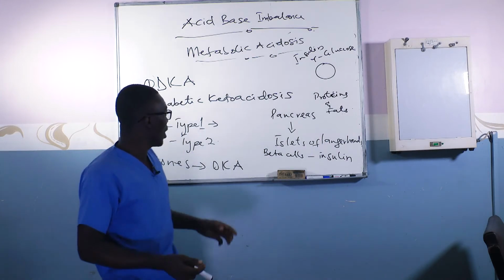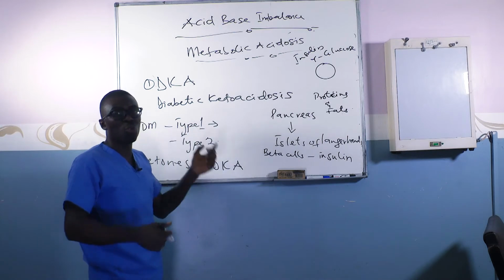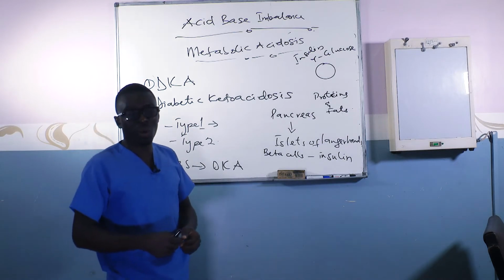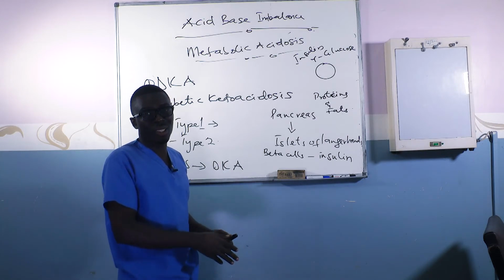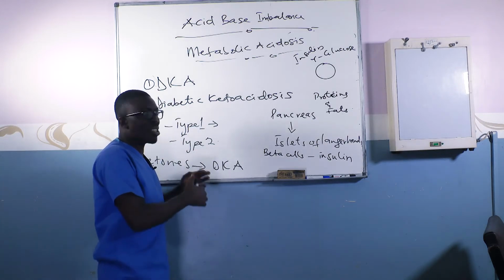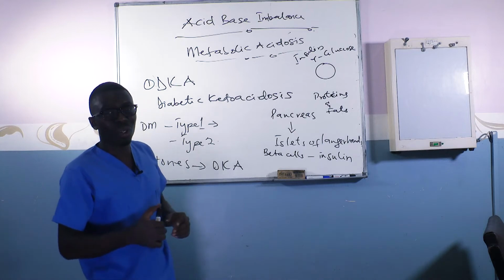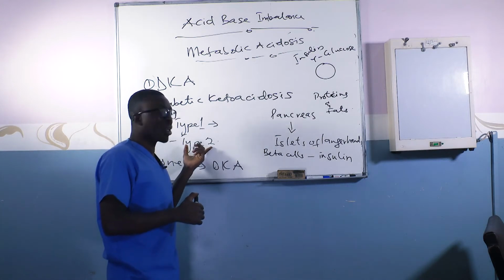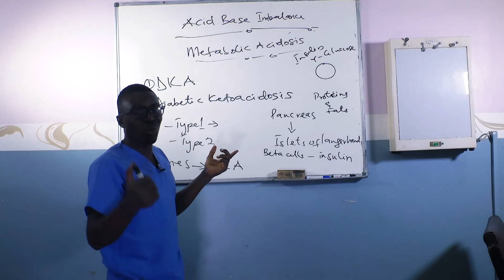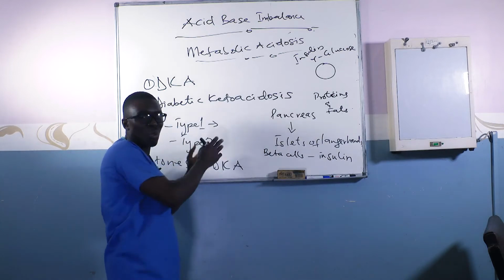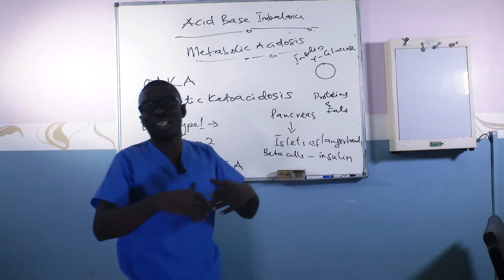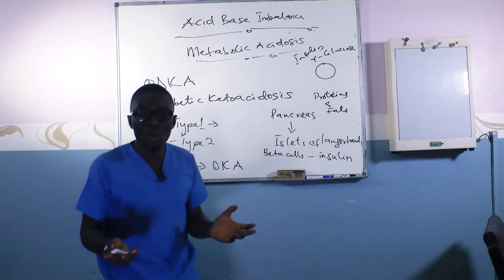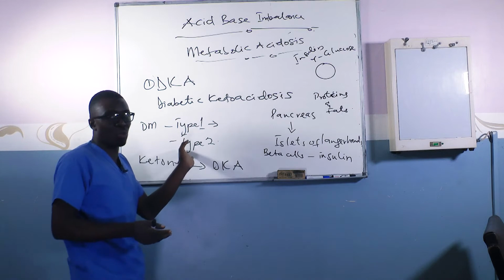That is why type 1 is also known as what? Juvenile diabetes, or diabetes that usually occurs when the person is a child, whilst type 2 can be described as what? An adult one. Okay, or it occurs when the person is an adult. Why? Because it's usually a result of lifestyle changes like eating very late in the night, a sedentary lifestyle, you don't do exercise, then it leads to type 2.